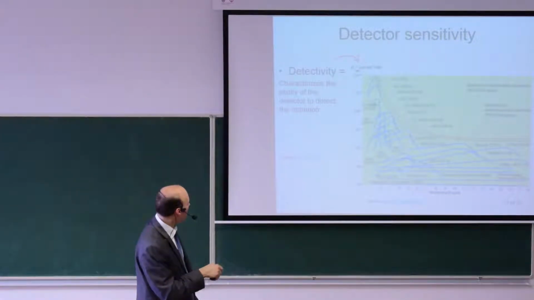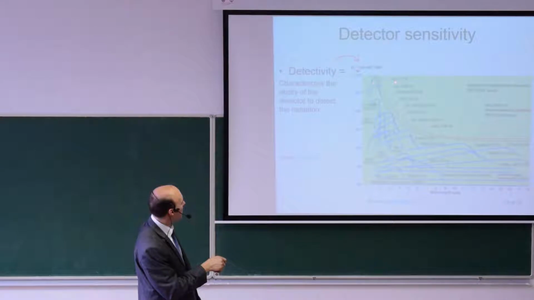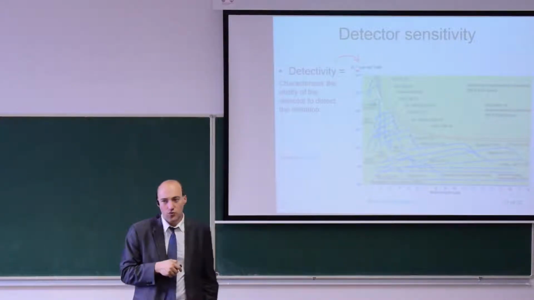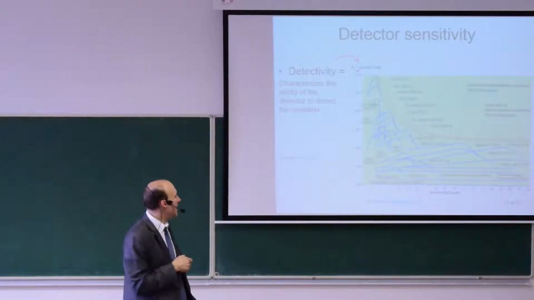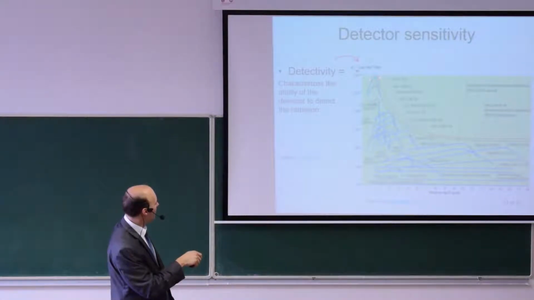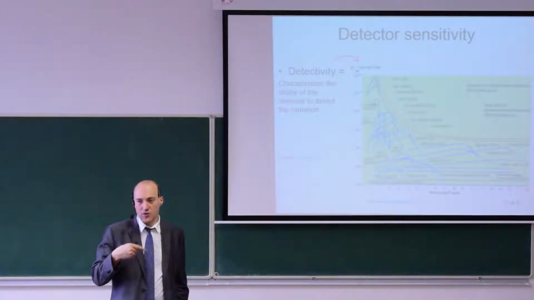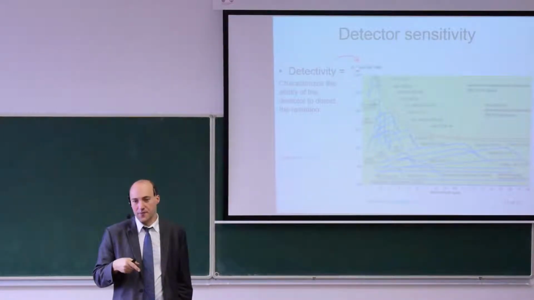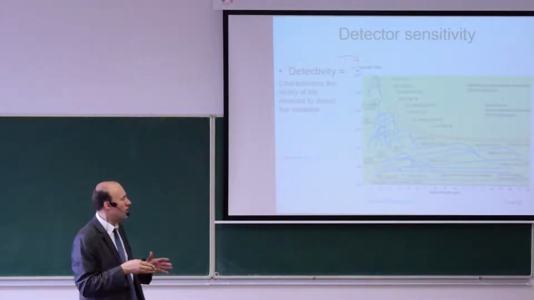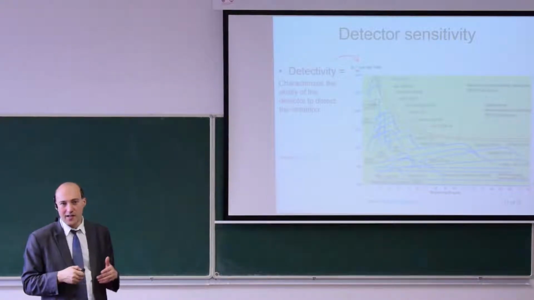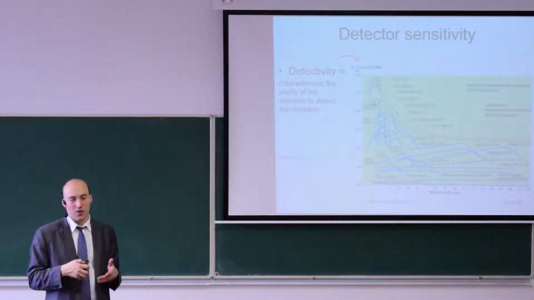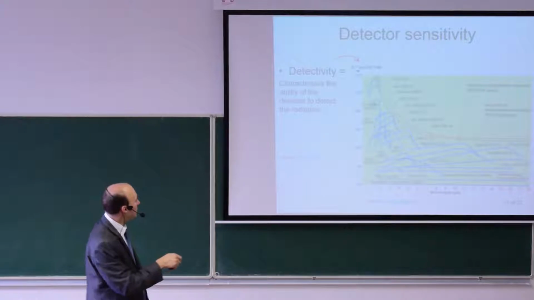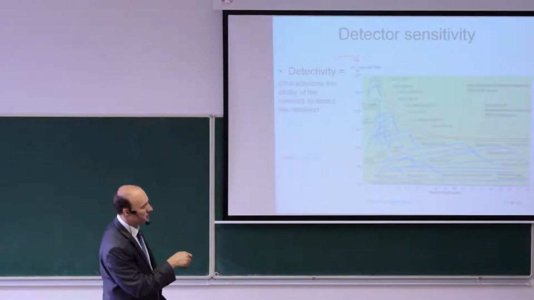So for example, here you see we have germanium cooled down to 77 kelvins, and the peak of wavelength where it is the most sensitive is here around 1 micrometer. So if I want to detect very cold objects, I need a special detector that will be cooled down, and it will work in the best way around this wavelength.